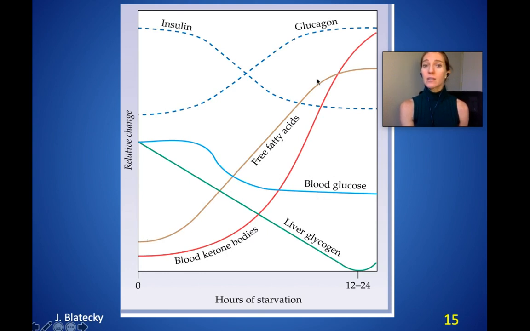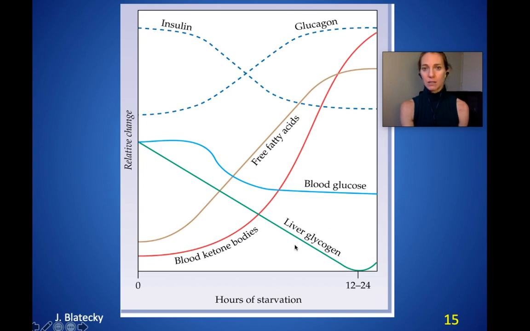Free fatty acids. So as this fast continues, and if we're not getting enough glucose from the breakdown of glycogen, blood glucose will continue to drop. So what our body will do is it will break down more fats. It will do more lipolysis to free up glucose. So you start to see more free fatty acids.